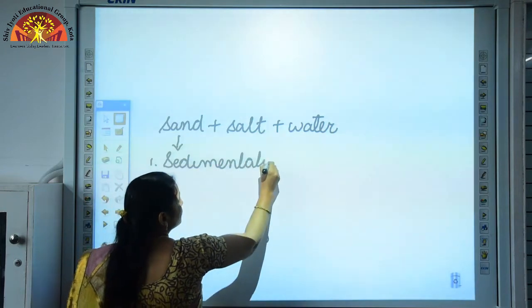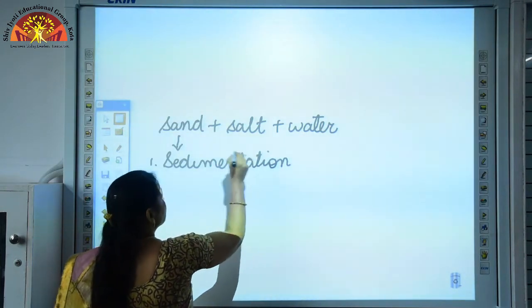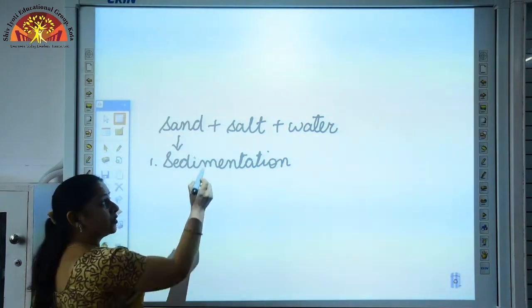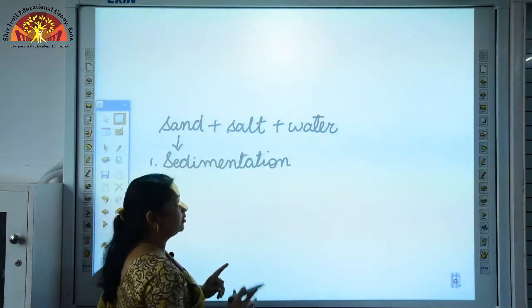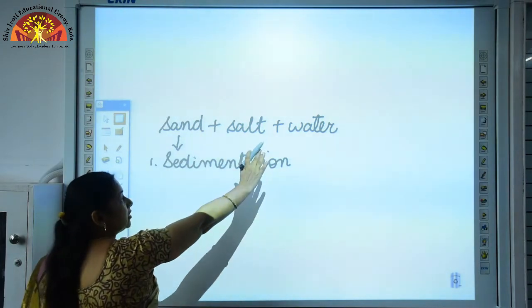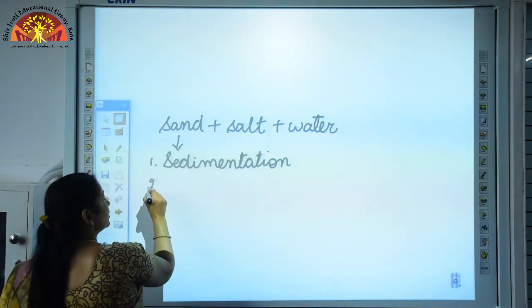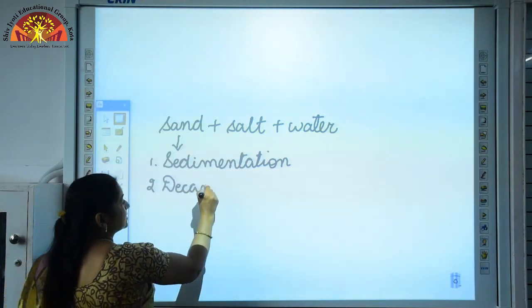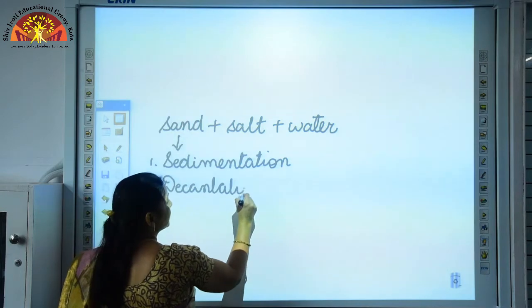First, we are going to do sedimentation. In this, sand will settle down and salt is soluble in water, so salt remains with the water. Then we are going to do the second process, that is decantation.